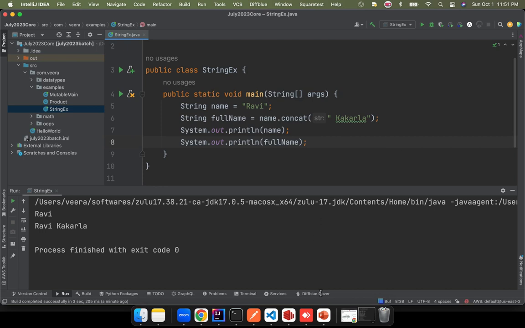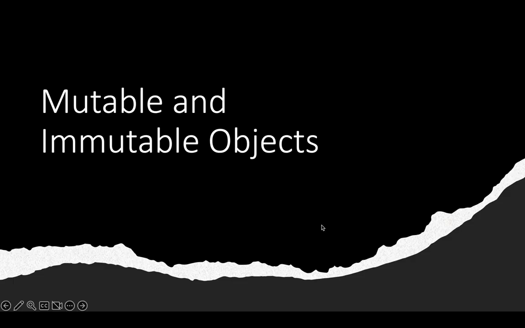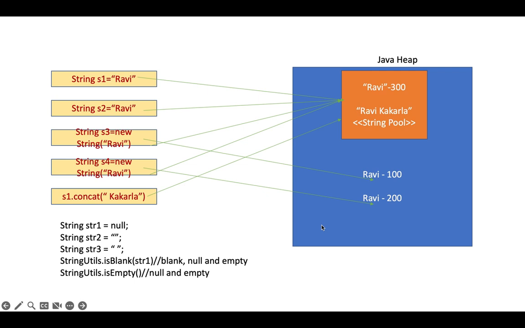For example, I have the presentation. Whenever we create any reference, let's say String name equal to Ravi, that Ravi is going to be created in the string pool area. If you try to create a new object, obviously it's going to be in the heap area. Since here it's only a literal, it will be stored in the pool area.